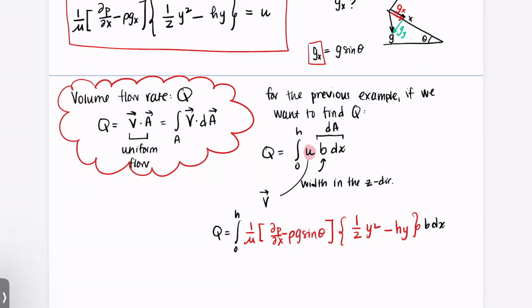And fix a mistake. So 0 to h is not in the x direction, right? It's in the y direction. I'd like to tell you that was a test, but it wasn't. I just made a mistake. So I'll just draw a little picture here to remind us. This is x, this is y, and we're going from 0 to h.